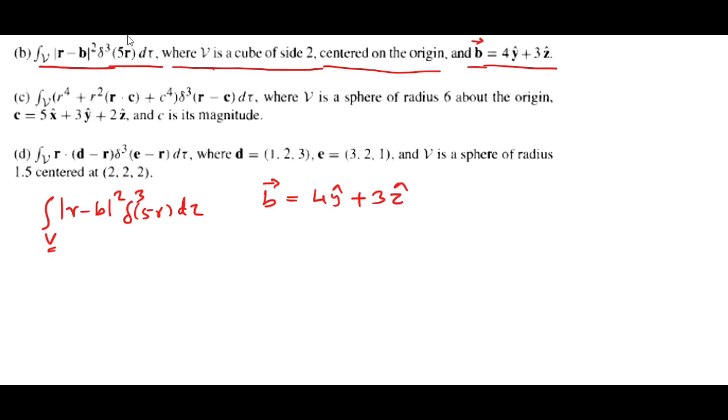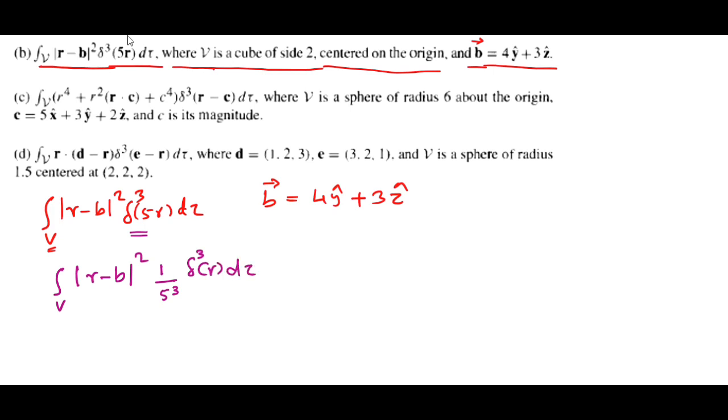Okay, here I should use the identity. This is a delta cube 5r. I can rewrite this equation in this way: the integral over the whole space, that is the cube, of r minus b whole square. Here I should take the 5 cube outside, then delta cube r d tau.